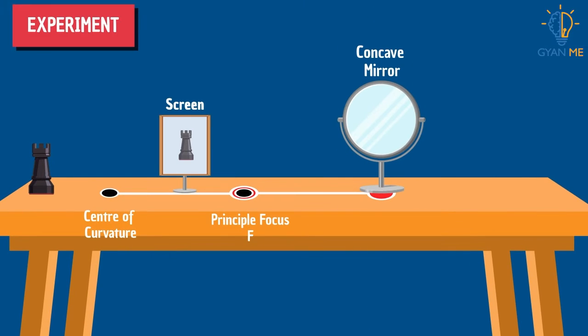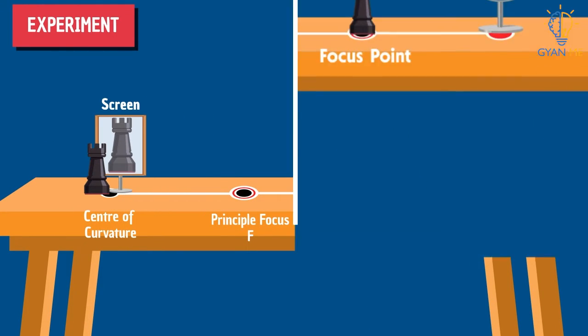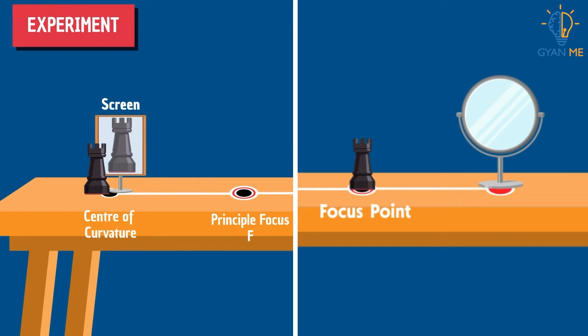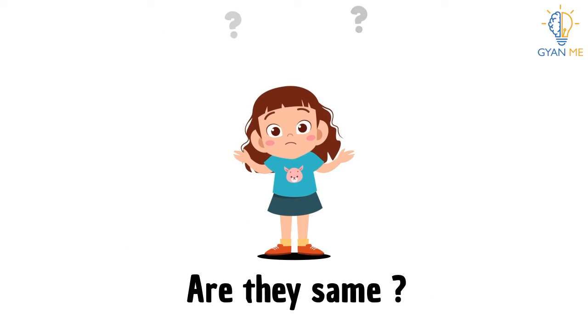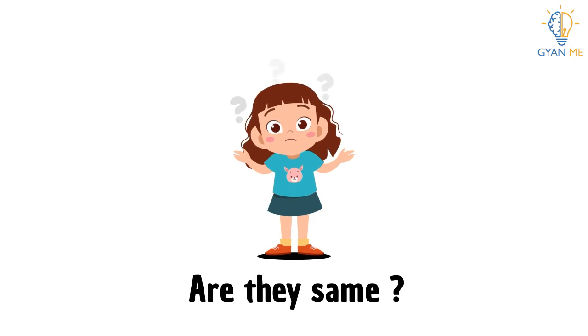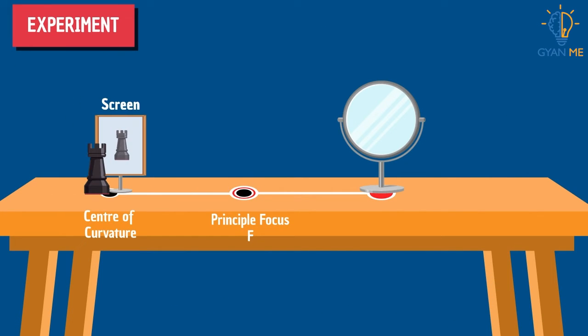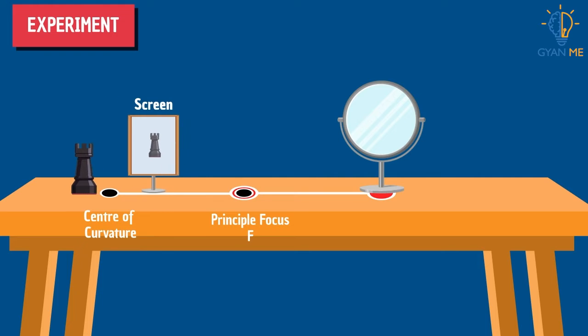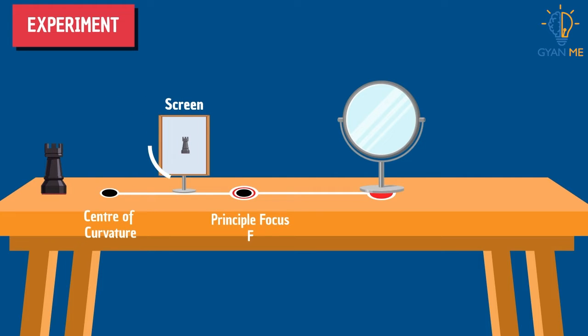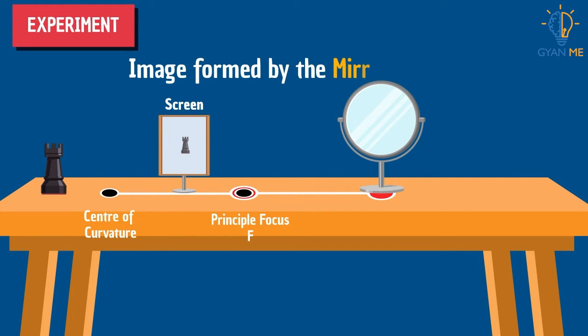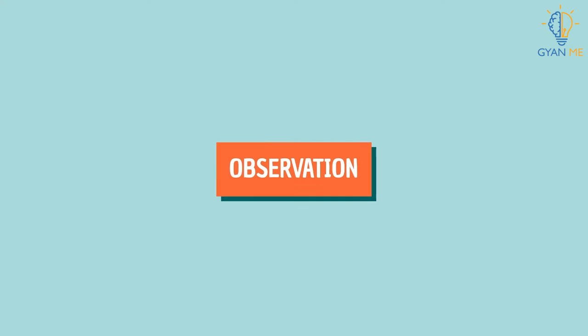Now keep the object on the center of curvature, that is at C, or keep the object on its focus point F and observe the images. Are they the same? No. Exactly right. So as we move the object near or away from the mirror, the image formed by the mirror changes. So let us note down our observations.